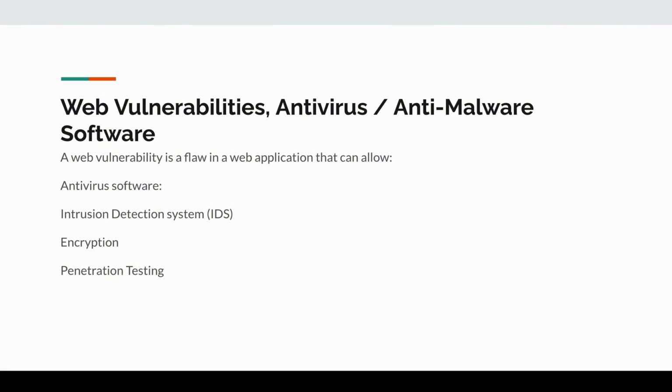And then antivirus software. The purpose is that antivirus software prevents, detects, and eliminates malware and viruses. And how it works, it scans memory and files, looking for known malicious patterns.